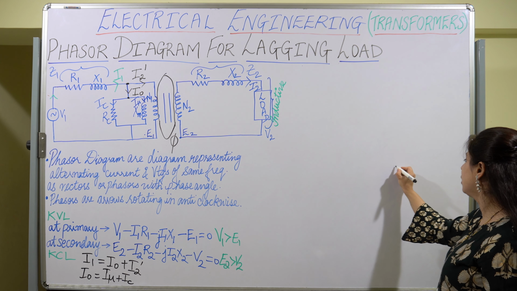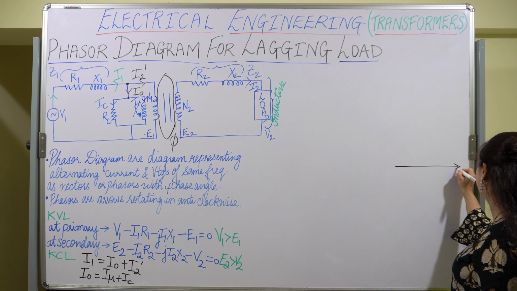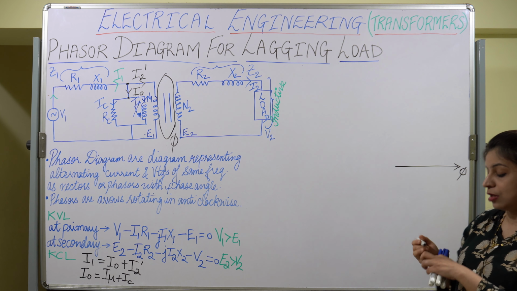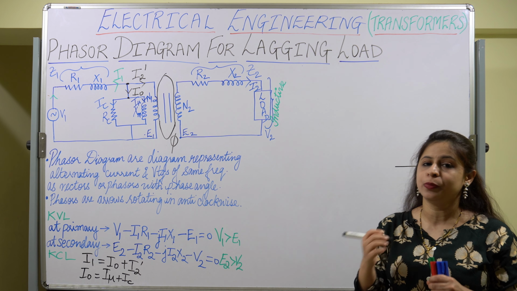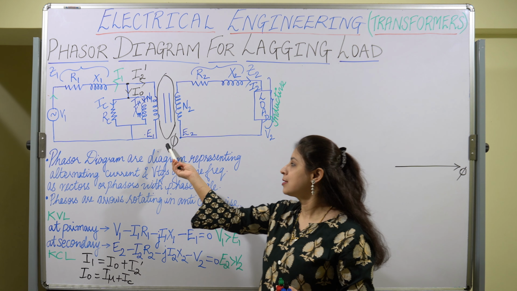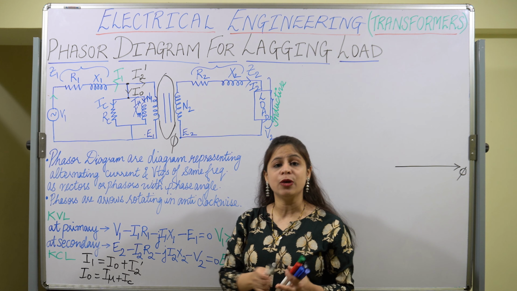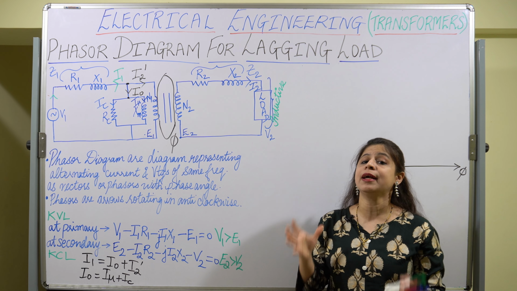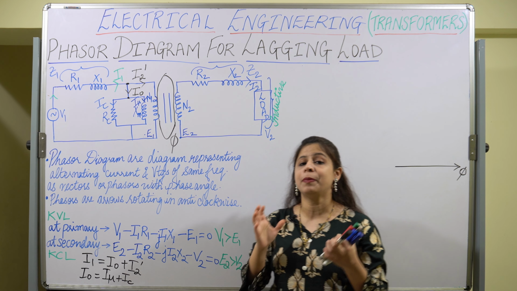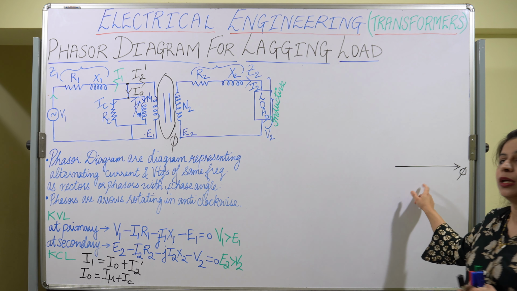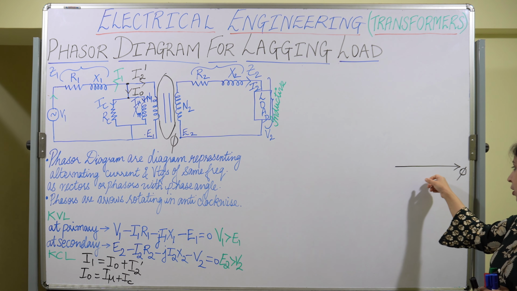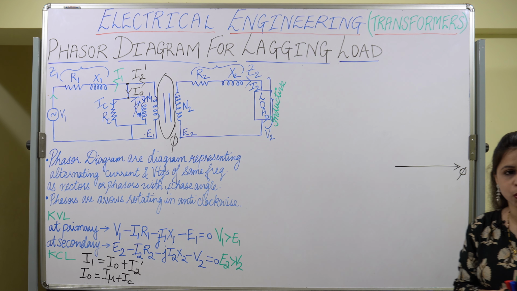So we will be taking the flux phi as a reference. Now the students ask why we are taking the flux to be a reference. It is because flux is the only quantity which is linking the primary and secondary. That's why we are taking the flux to be our reference over here.